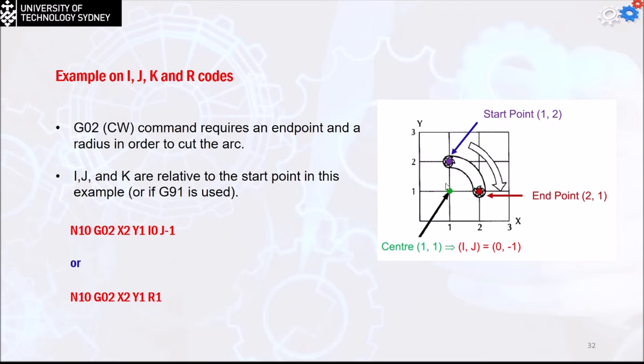So this will be my center point, and I'm going to have this cut arc. Now, if I would like to say it in the arc code, I'm only going to define that the radius is equal to 1 inch. Then I'm going to have the same cut.